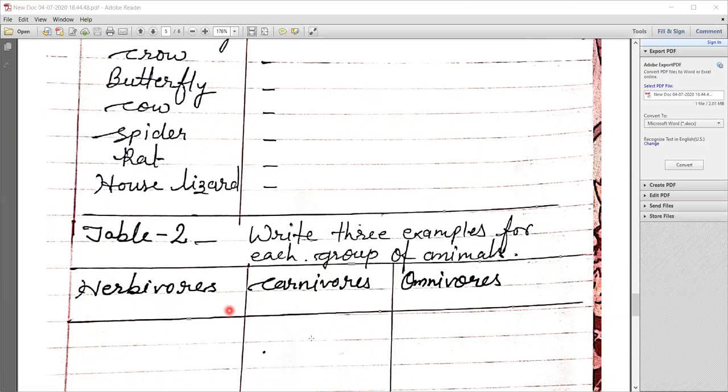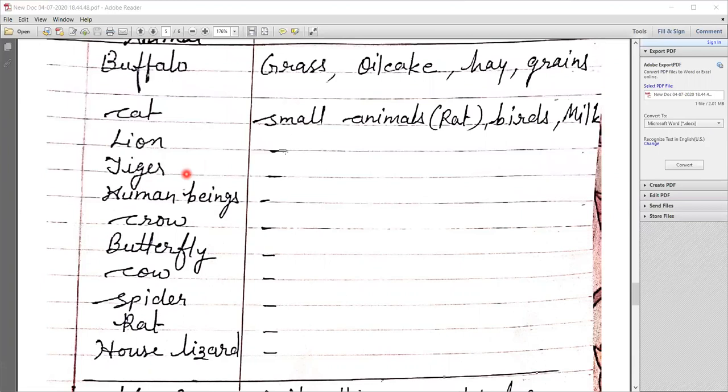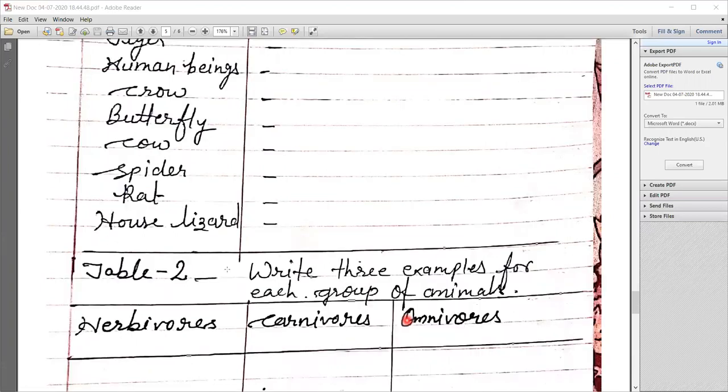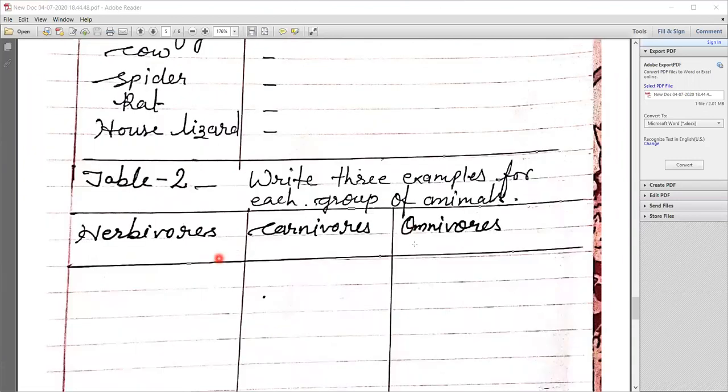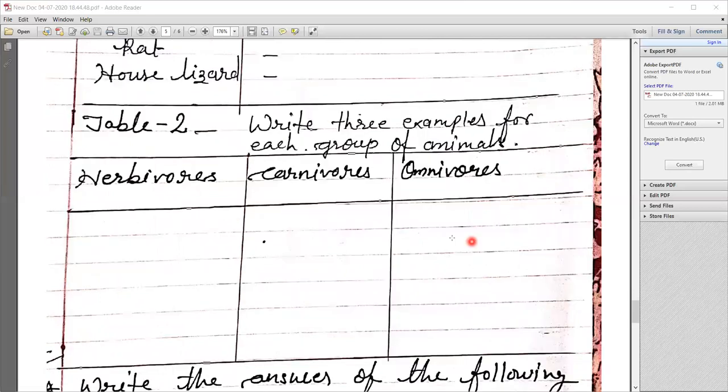In the first table, you have to write the food which is eaten by different animals. You have to write the name of the food which is eaten by lion, tiger, human beings, cow, buffaloes. And in table number 2, you have to write three examples of herbivores, carnivores, and omnivores.